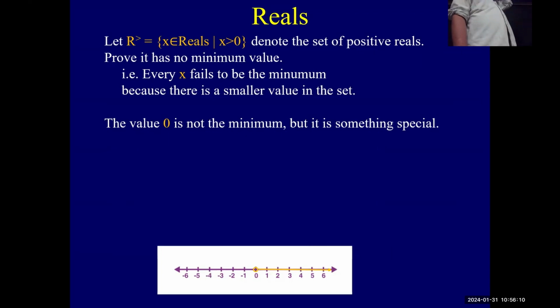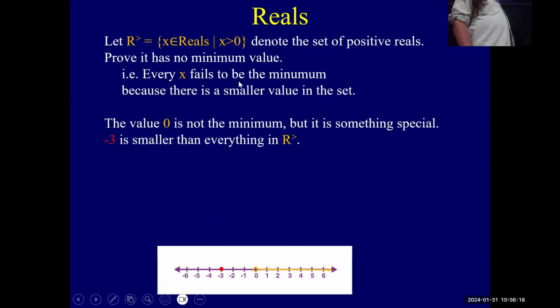Oh, here's just, have you guys heard of supremums? So 0 in this set, you must admit, is still special. It's not a minimum, but it's somehow special, right? Because -3 is also smaller.